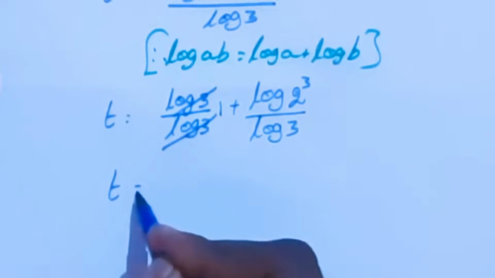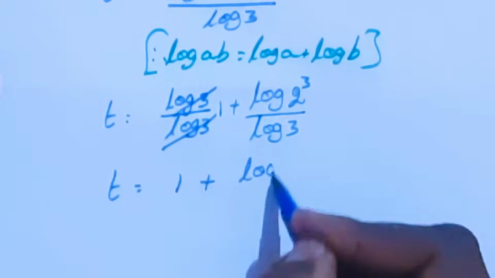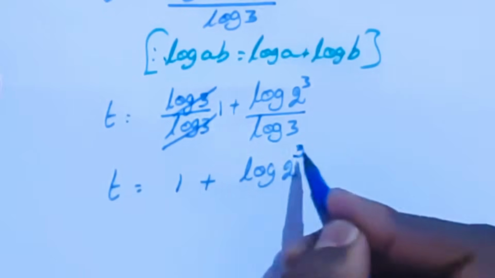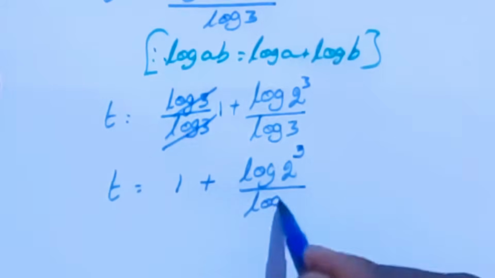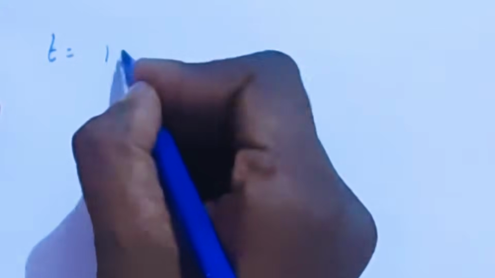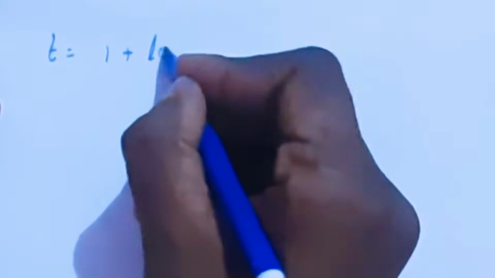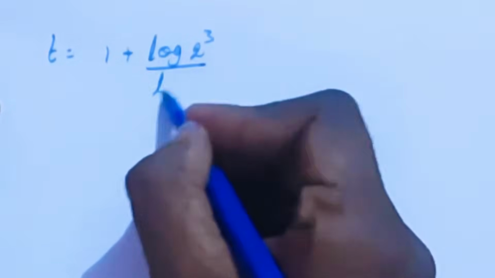So t equal to 1 plus log 2 power 3 by log 3.